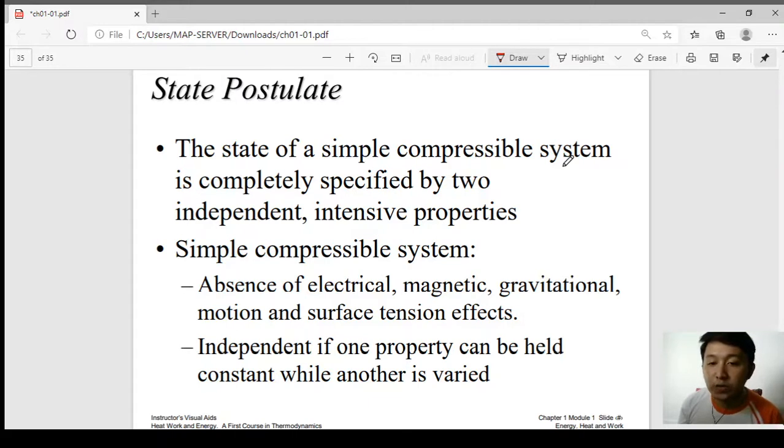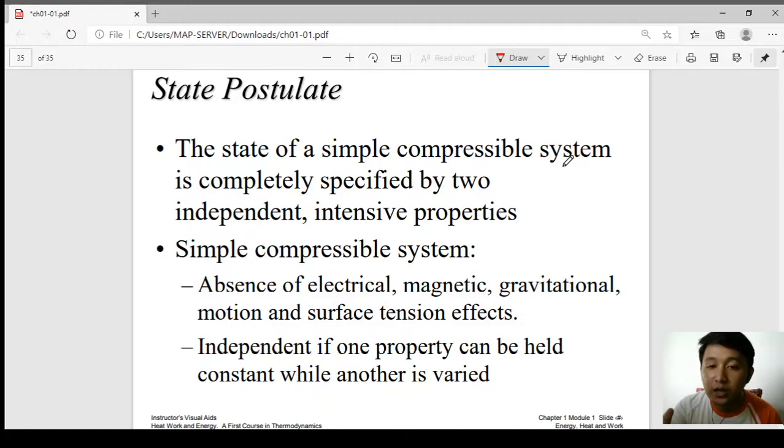So what are examples of intensive properties? We have temperature, we have pressure, we have the specific properties. What are the specific properties? Specific volume, specific density, specific gravity. So we only need two. One example is temperature and specific volume. These two, specific volume and temperature, are independent intensive properties.